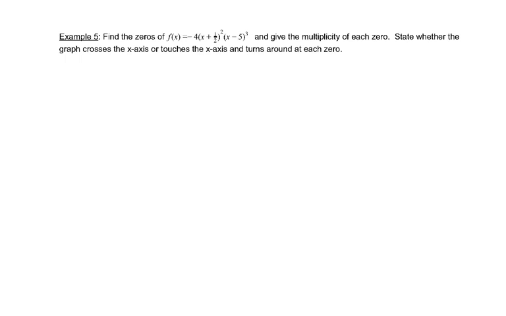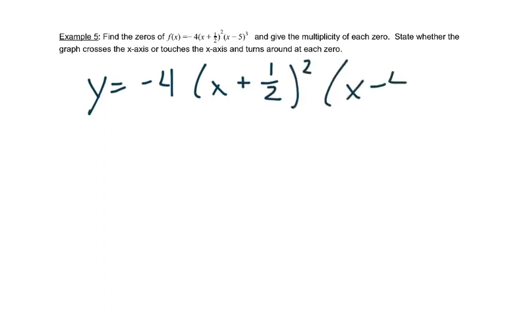So here's an example. We've got this problem. Let me write it down here. We want to say whether the graph touches or crosses at each zero, what the multiplicity is, and then how many times it crosses. So we need to remember a couple things here.